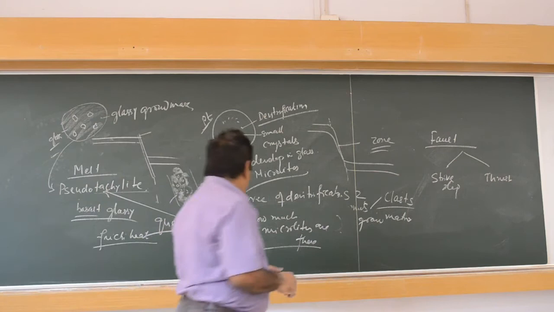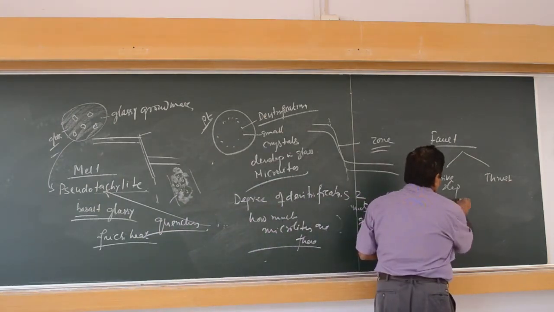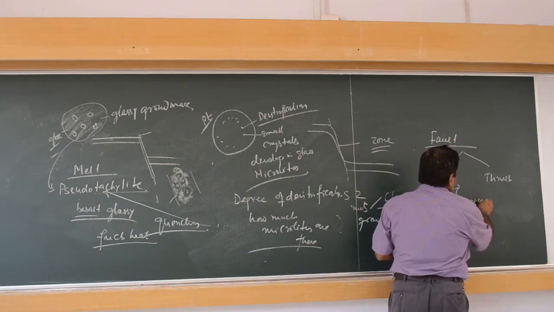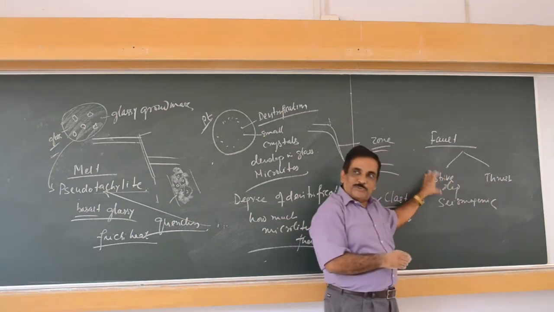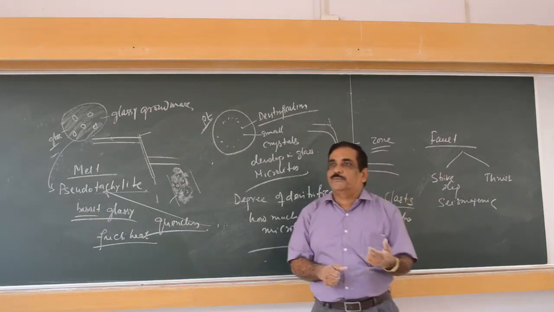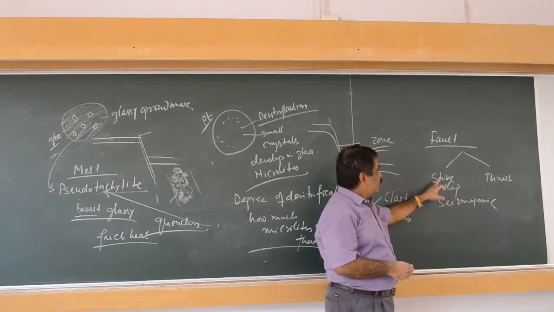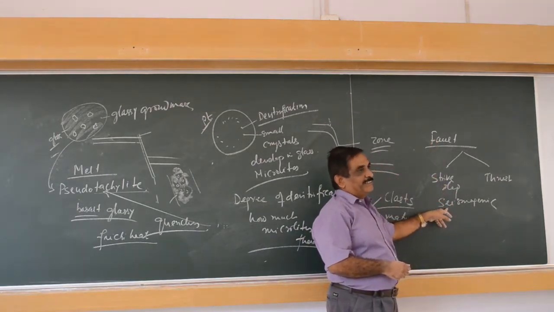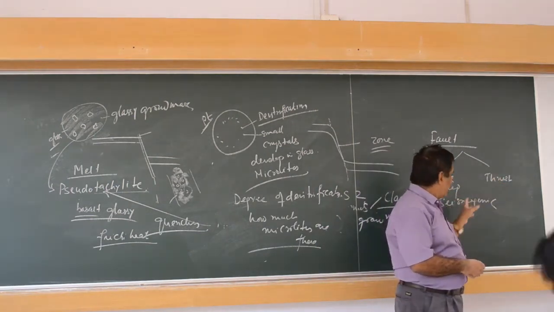So where a fault is creating an earthquake, that is seismogenic. It is not only a strike slip fault that is necessary to create an earthquake. It is a strike slip fault with rapid movement. If the strain rate is very high, then it will create an earthquake. So those strike slip faults are seismogenic, or a thrust which creates very fast movement, then only it will be seismogenic.